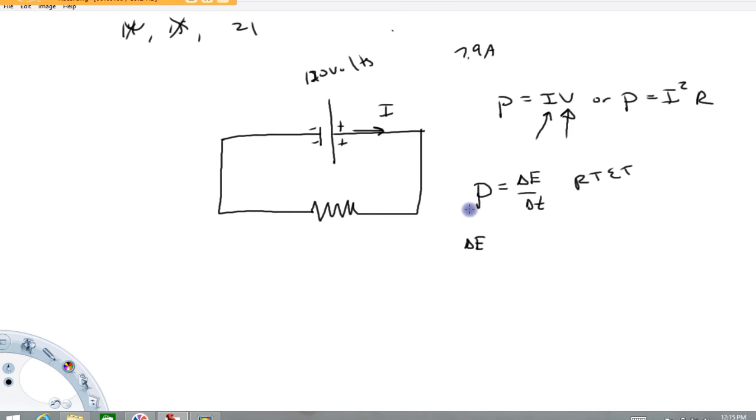If I take the delta T and put it over here, this is going to be power times delta T. Take the power in watts that you got from part A, and multiply by your delta T given. In my example, it says 2 minutes. Remember that a watt is a joule per second, so you want to convert delta T to seconds and then multiply them.